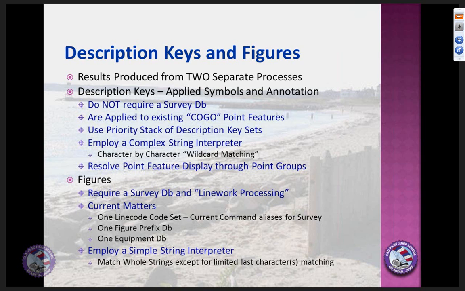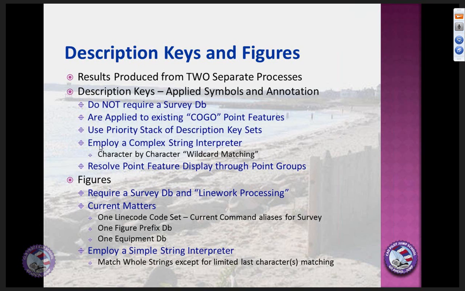Now, it looks like figures do the same thing, but if you'll notice down on the slide here, the figure engine employs a much simpler string interpreter. It's really matching the whole word except for the last character. That is not the same as character by character matching. So it looks at a chunk and only worries really about the end result or the last character.